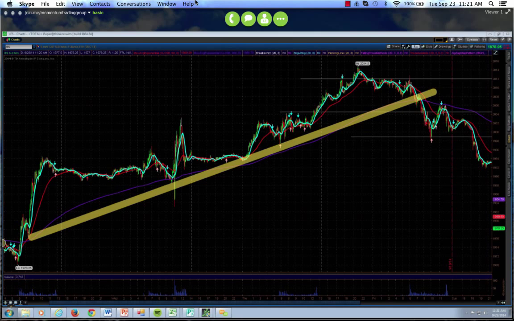Stays higher. So down here at the low where it broke, that was 1976. And then from there it went from 1976, it went up basically 30 points from there to there.